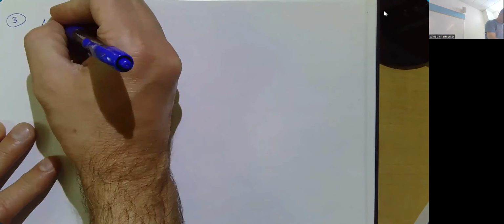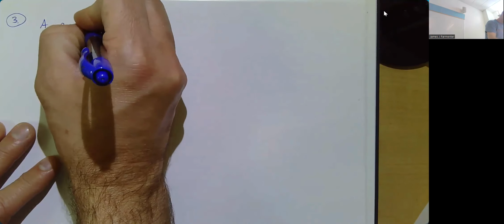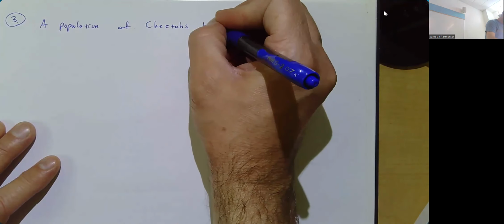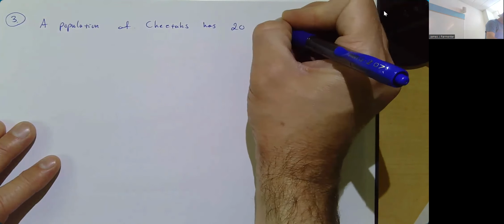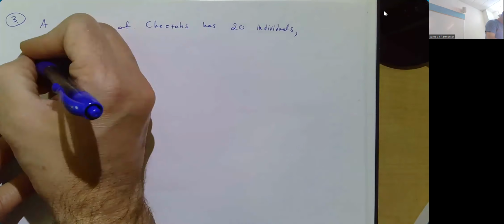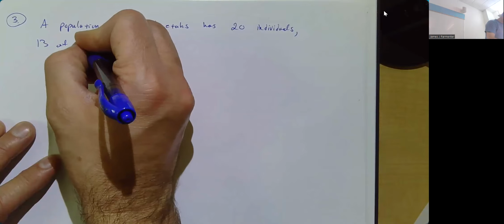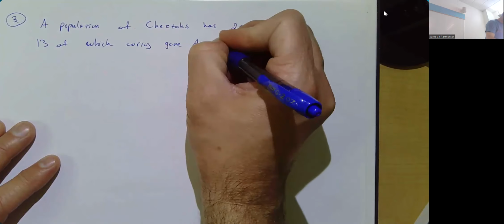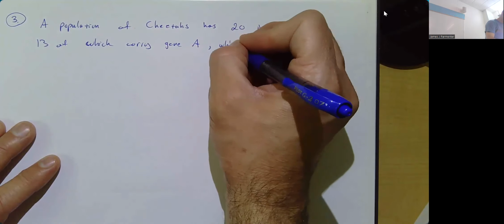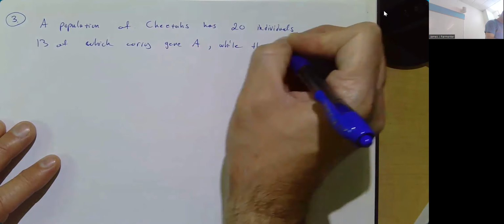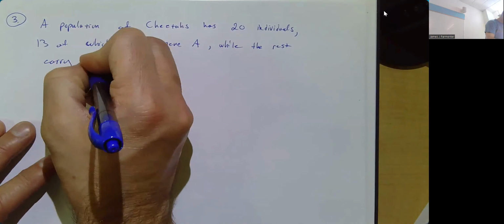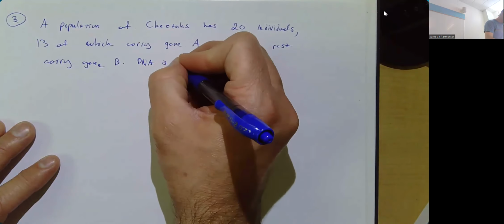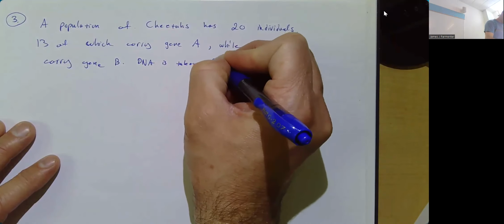A population of cheetahs has 20 individuals, 13 of which carry gene A, while the rest, the other 7, carry gene B. DNA is taken from 5 of them.